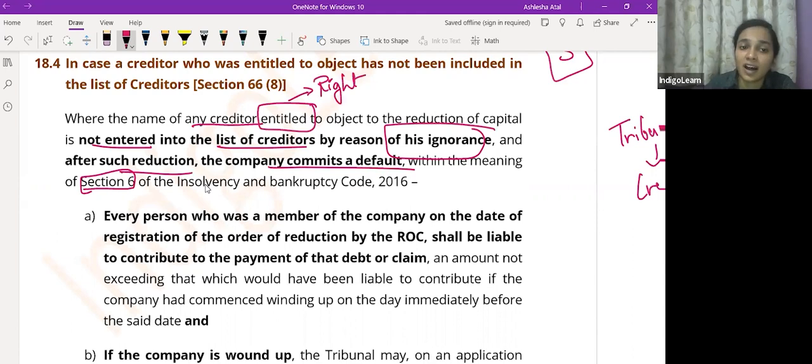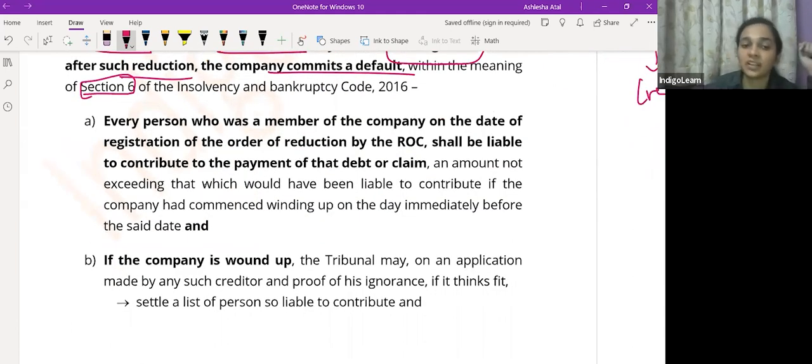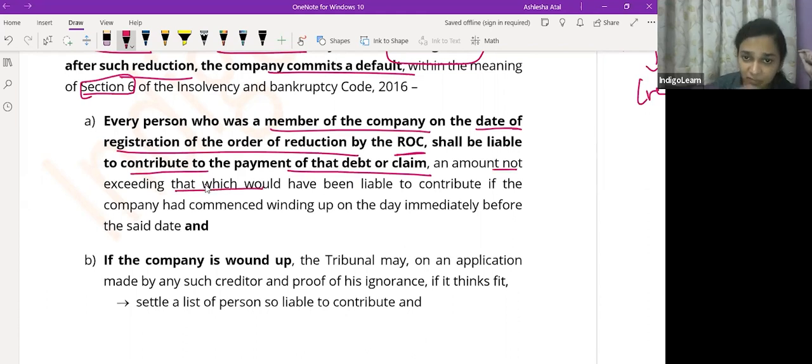So after reduction in the share capital, if there's any default which has been committed by the company under IBC, then in that situation, every person who was the member of the company on the date of registration of order of reduction by ROC shall be liable to contribute to the payment of the debt or claim an amount not exceeding that which would have been liable to contribute if the company had commenced winding up on the day immediately before the said date.